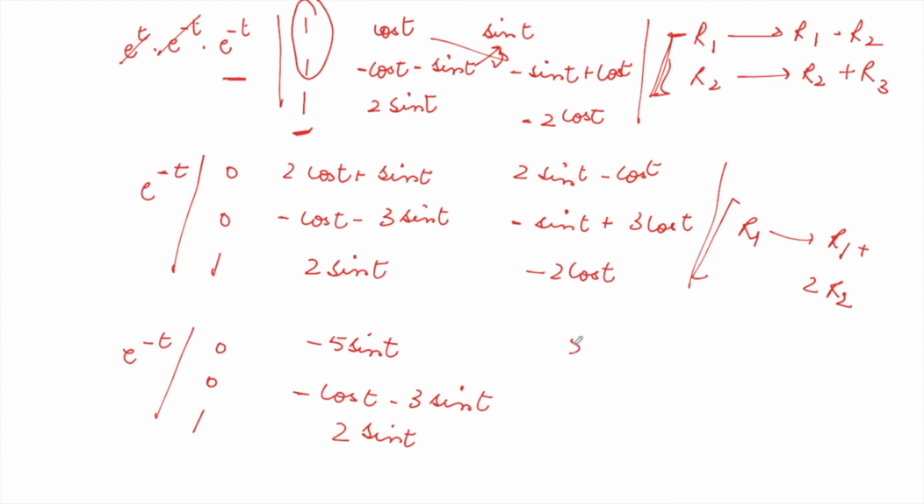Similarly here I can write 5 cos t, minus sin t plus 3 cos t, minus 2 cos t.